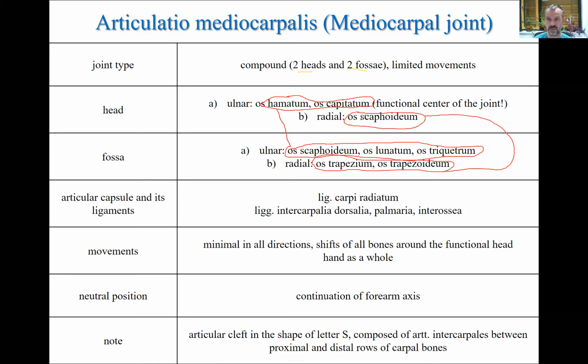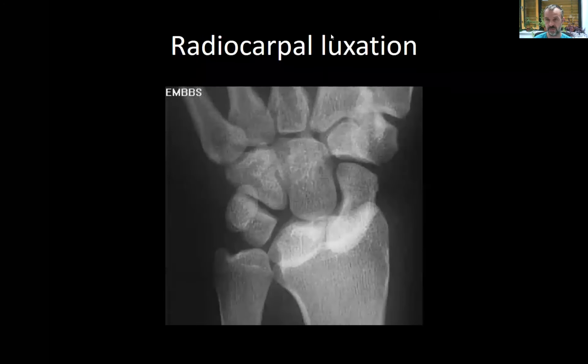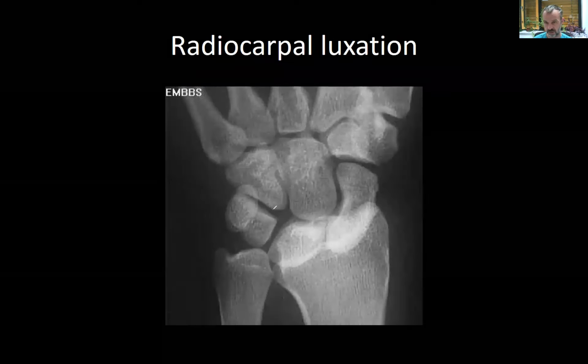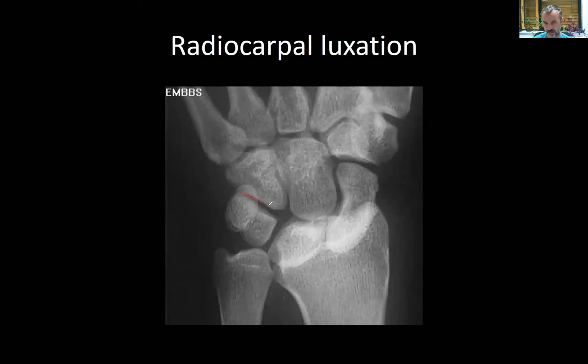So it may sound complicated, but if we look at some figure, for example here, you can see this is the first part. The hamate and capitate form one head, and their fossa is here. So triquetrum, lunate, and scaphoid.